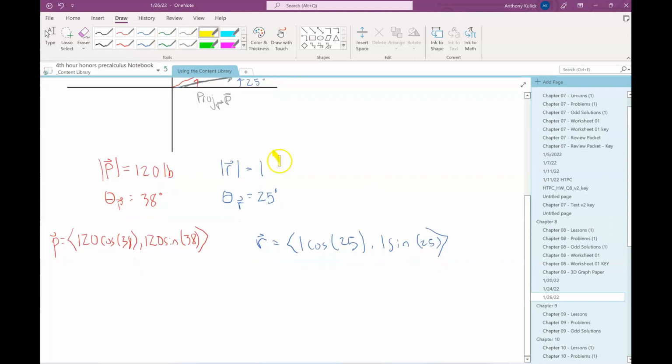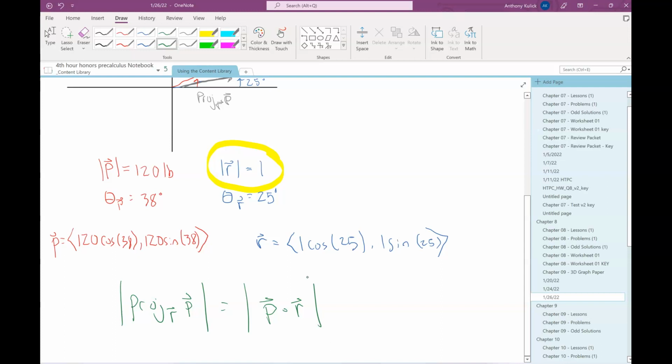Now, since the vector I'm projecting onto is a unit vector, I can use that shortcut that we talked about last time. So the projection of P onto R is going to equal just the absolute value of the dot product of P and R, which is nice.